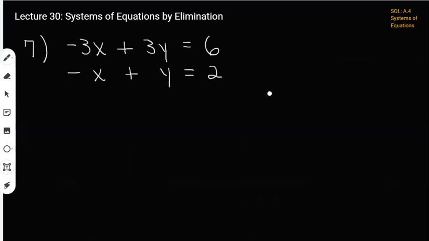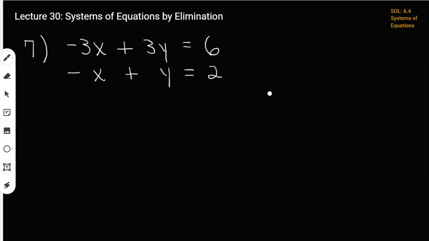So right now, what I want to do is I want to either add up the two lines or subtract the two lines so that I get 0x or 0y. That's what I'm trying to do. But the problem is none of the numbers match up. I've got a -3 on top, I've got a -1 on the bottom. I've got a 3 on top and a 1 on the bottom. So if I add up, I'm not going to be able to get 0.